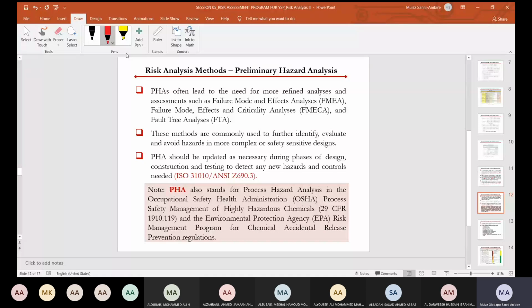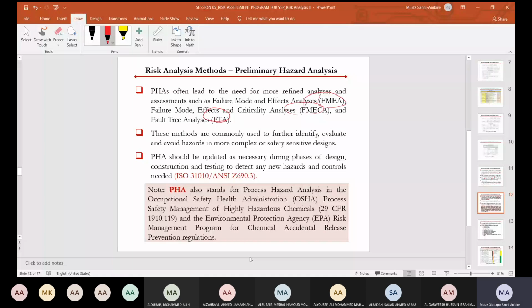Now, PHA is something that is simple. I said it's simple and inductive, and can be the first stage to a more detailed hazard analysis, such as FMEA, failure modes and effects analysis, FMECA, and fault tree analysis. Okay, these are just some of the methods that you can use.